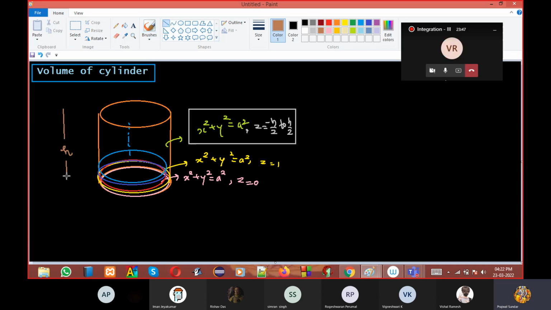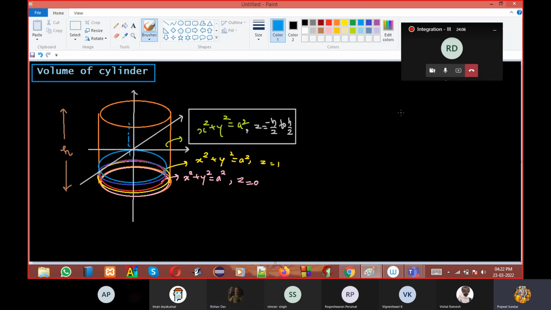This is why the equation of a cylinder is written. You are joining many circles together in a particular height region, and it will form a cylinder. Any doubt on this? No doubt. Good.